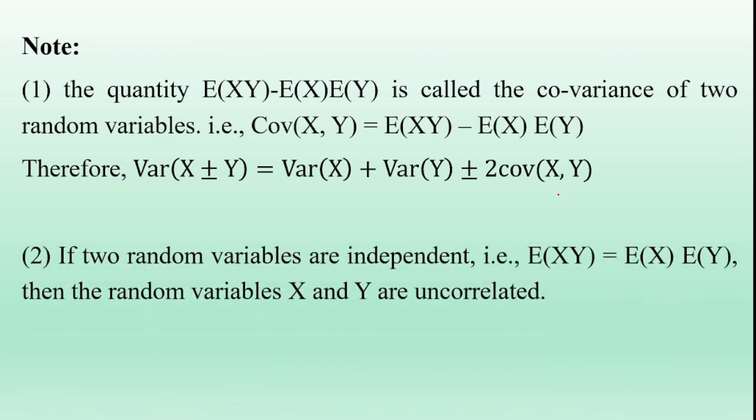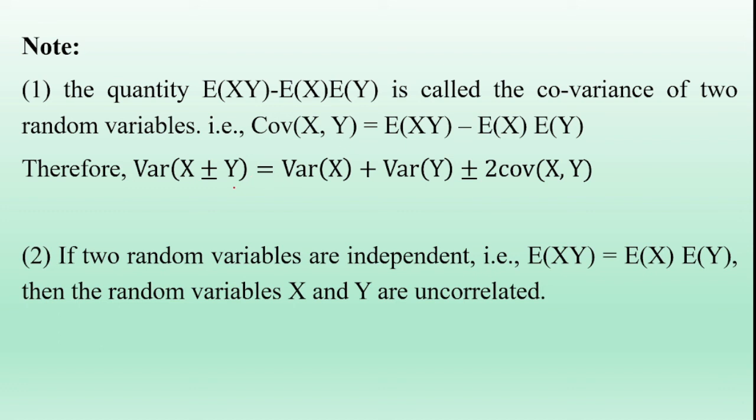If the random variables capital X and capital Y are independent, expectation of xy is expectation of x into expectation of y. Applying this condition into this equation, the RHS term is 0. So when x and y are independent random variables, the value of covariance of x comma y is equal to 0.